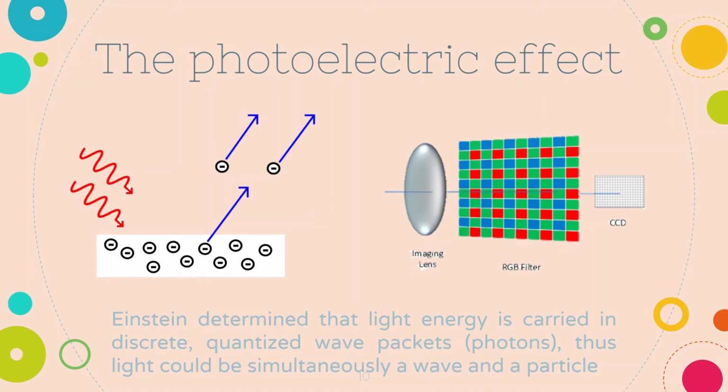When light shines on a metal surface, typically the energy of that light will dislodge electrons from the surface in a phenomenon known as the photoelectric effect. This happens for all wavelengths of photon energy, encompassing the full spectrum of visible light, which is 300 to 700 nanometers.